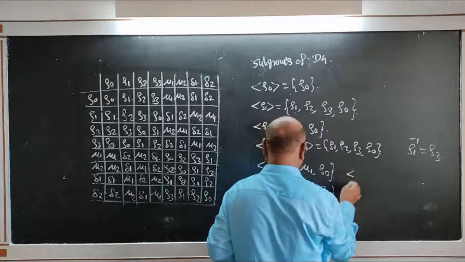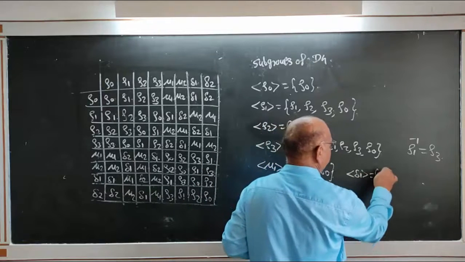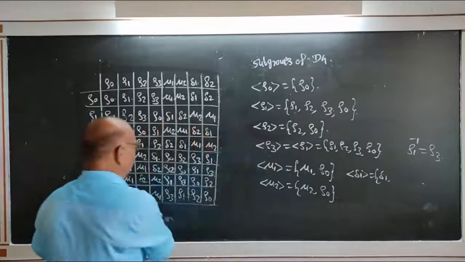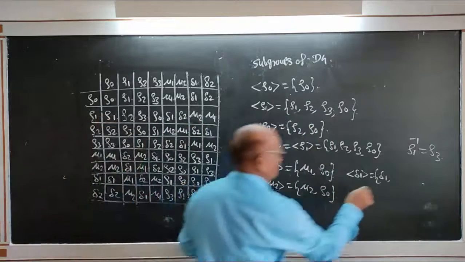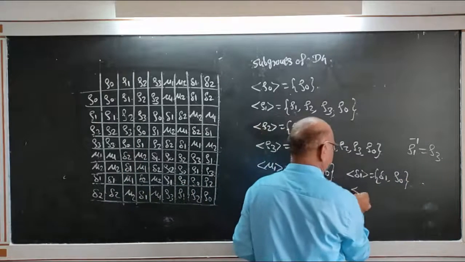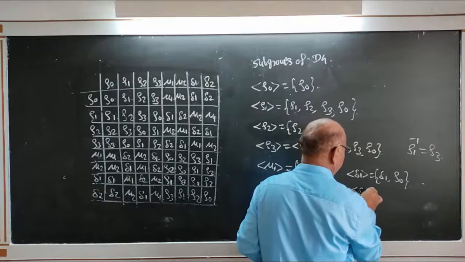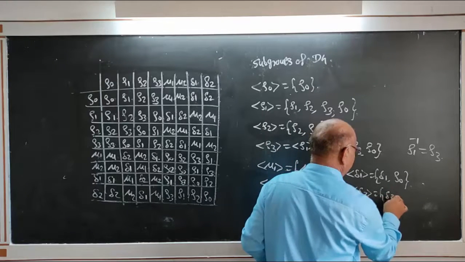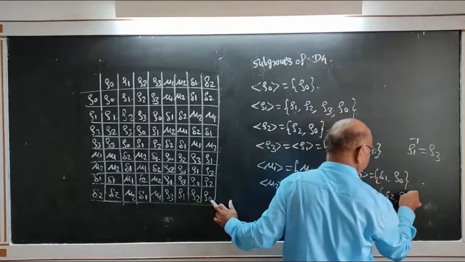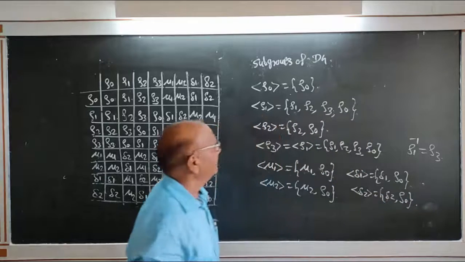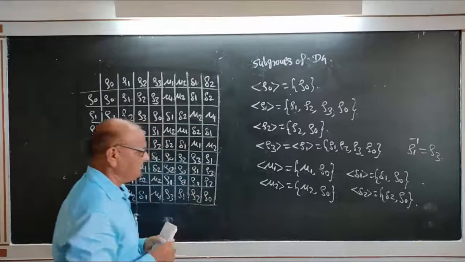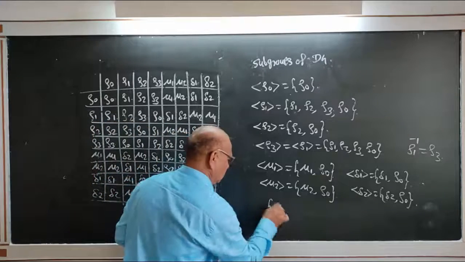Now, the subgroup generated by delta 1. Delta 1 into delta 1 is row 0. Only 2 elements. Delta 2, and delta 2 into delta 2 is again row 0. Okay.